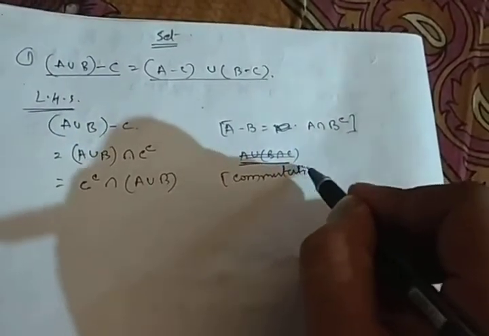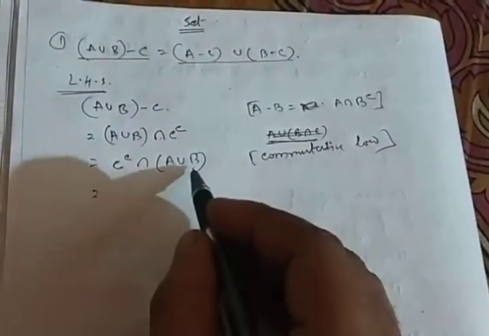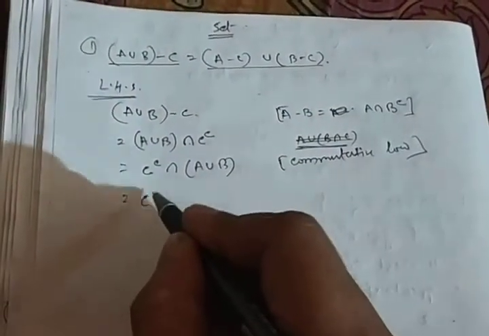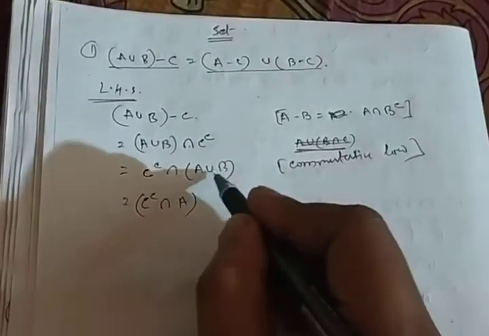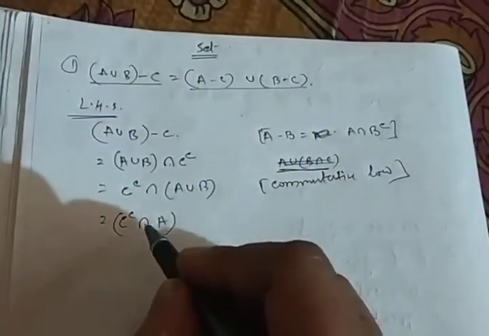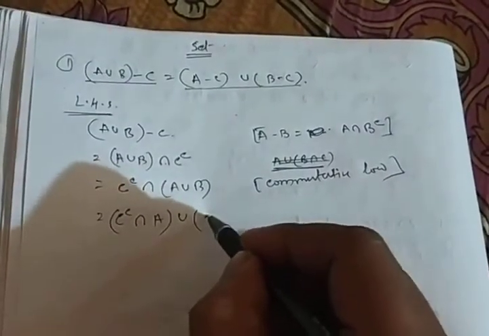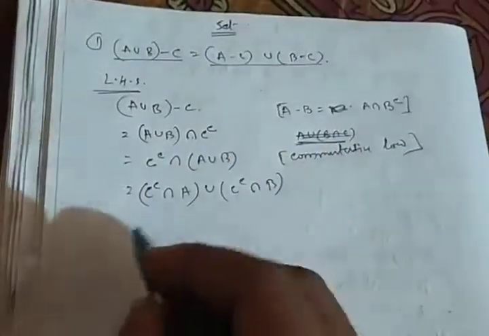Now if we use the distributive law, this is intersection over union, so we get (C complement intersection A) union (C complement intersection B), right?